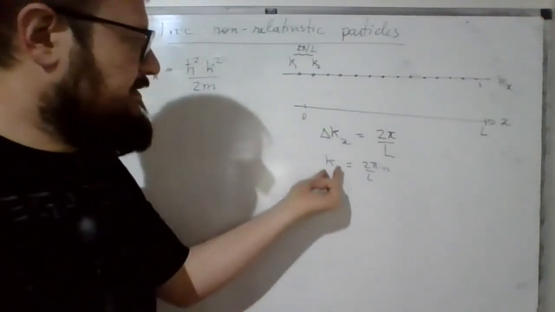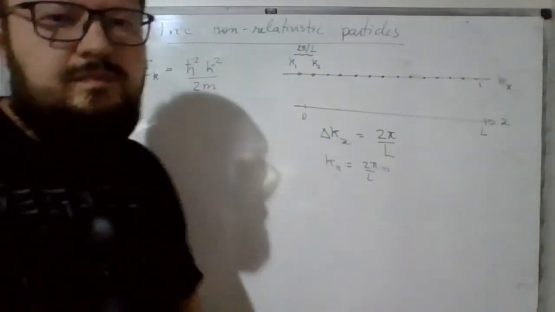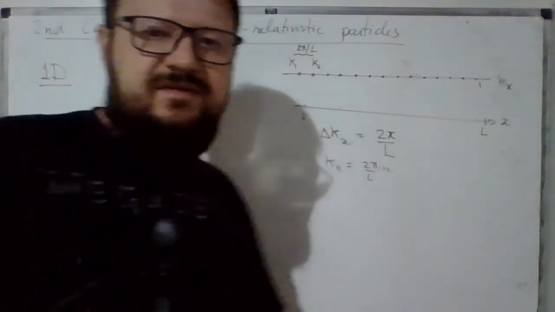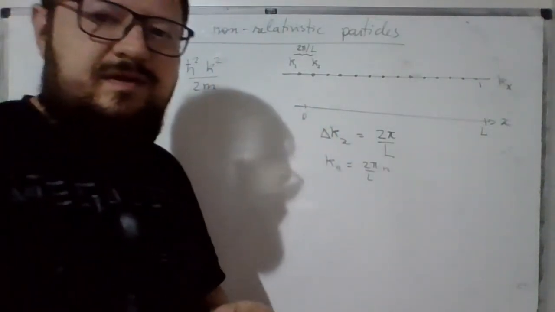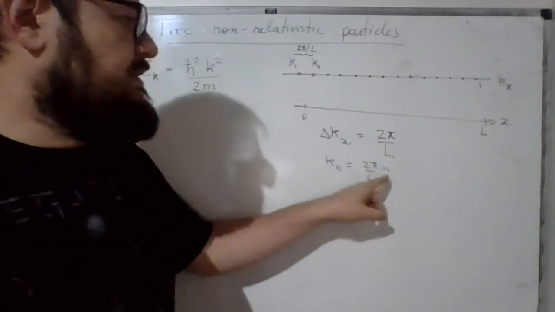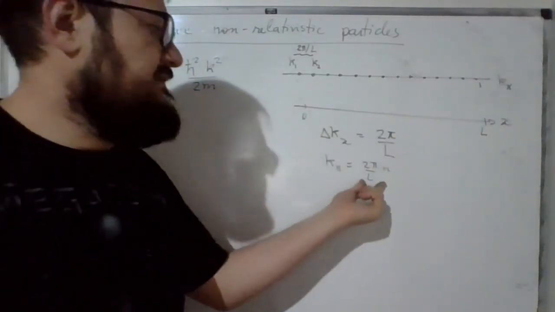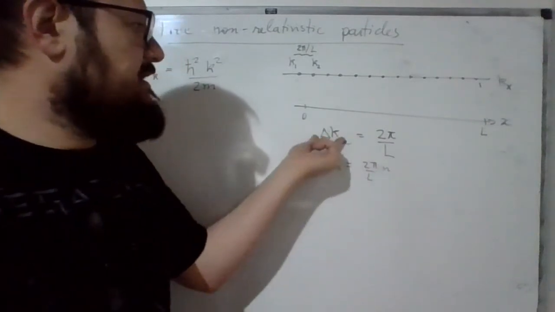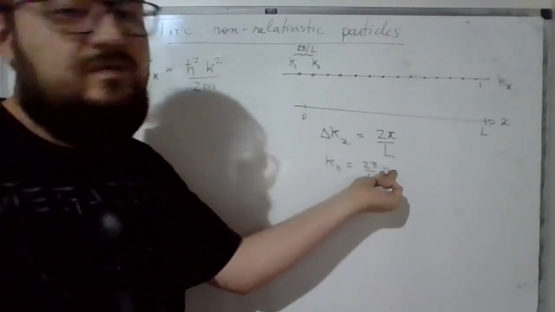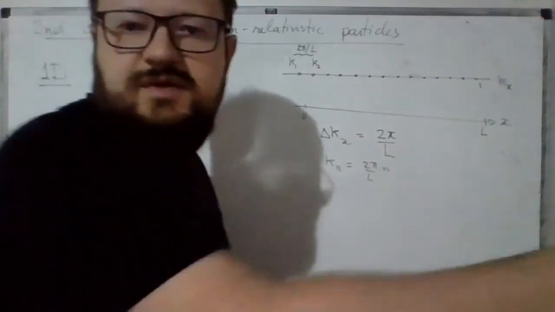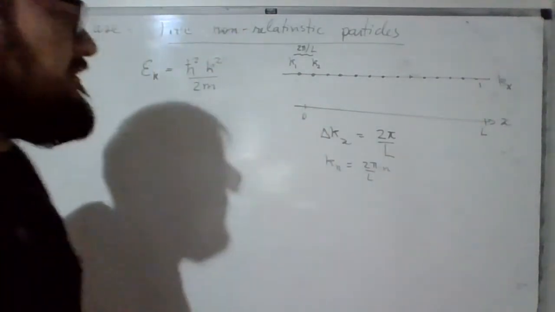So the smallest of the possible values of k is 0, and then you have 2 pi over L, which is infinitesimal, so it's a delta kx times a given integer number 1, 2, 3, 4, and so on and so forth.